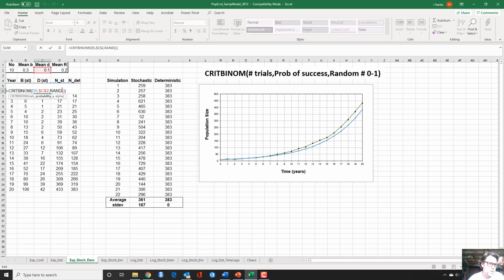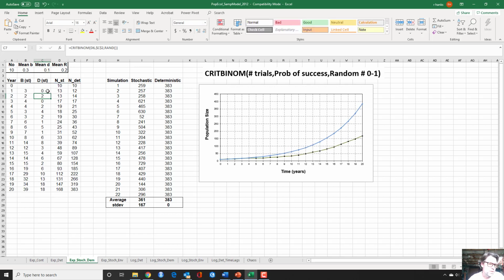So there are 10 individuals that could have died, and in this example, there were 0 individuals that died. You notice that because of the random number generator, every time I open a cell to modify it and hit enter, the values change slightly. So now we have 1 individual that died, and that's because of the random number generator. In this example, n_st is the stochastic example.